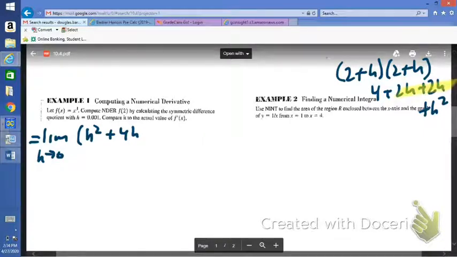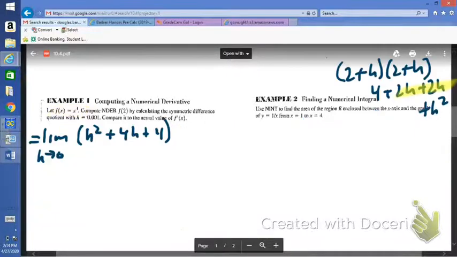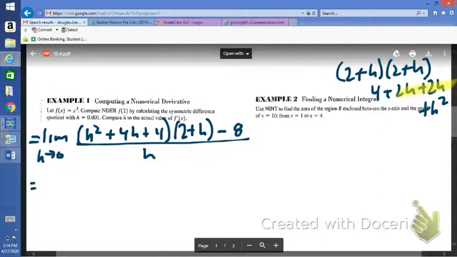We combine those to get 2h plus 2h is the 4h plus 4, multiplied by 2 plus h, and then minus 2 cubed, which is 8, all over h. Okay, so now we have to distribute.